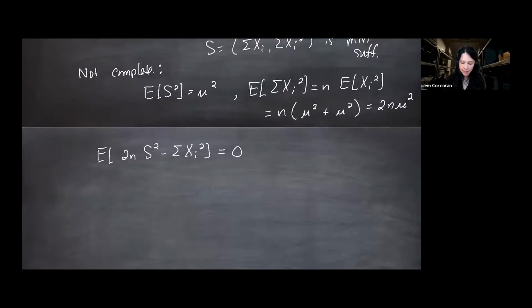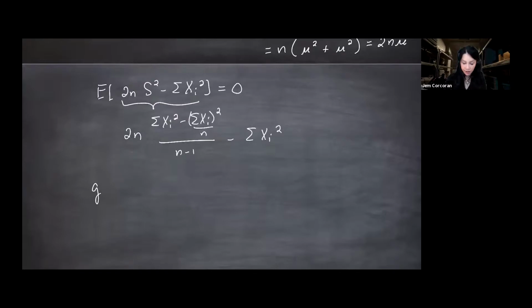I need to write this out just a little bit differently. So this is 2n times the sum of the xi squared minus the sum of the xi all squared over n, over n minus 1, minus the sum of xi all squared.